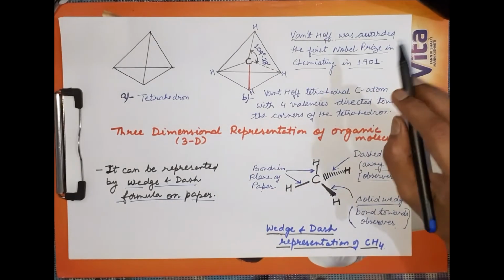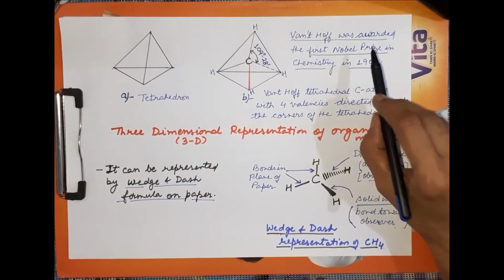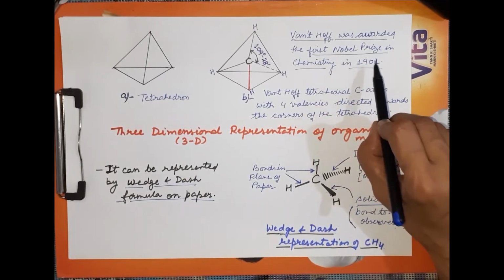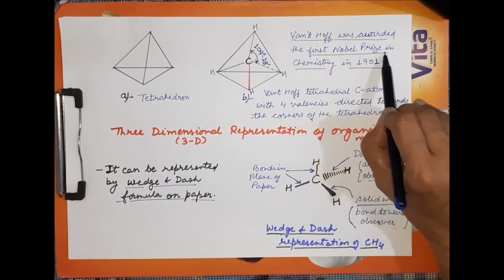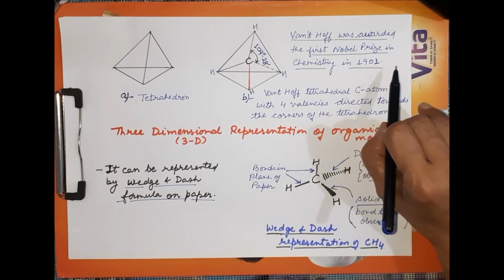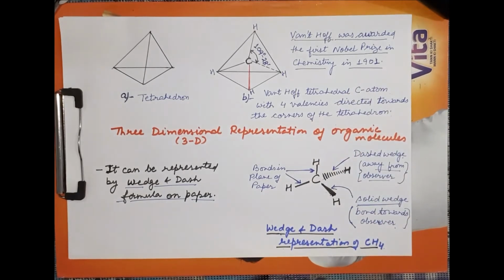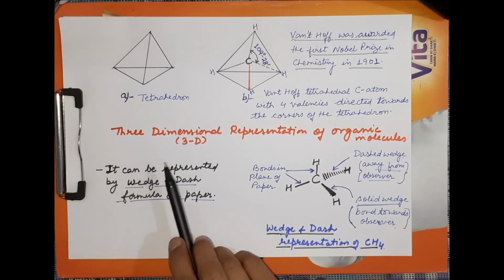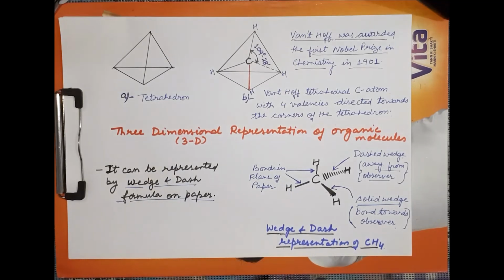This was a discovery for which Van't Hoff was awarded the first Nobel Prize in Chemistry in 1901, and he was even called the father of organic chemistry. So now the question is, how can we do the 3-dimensional representation of organic molecules on paper?